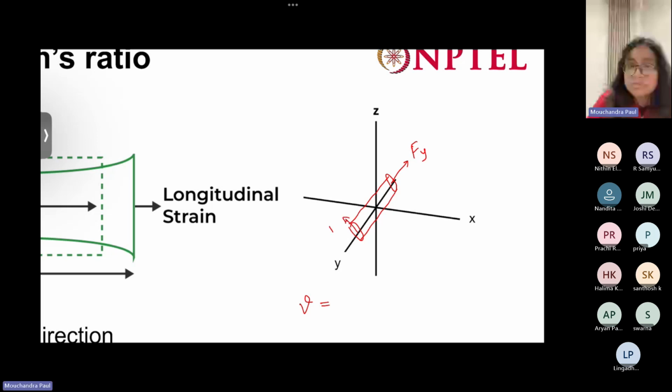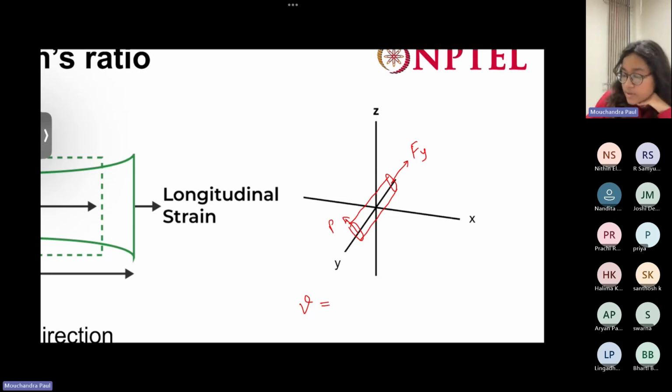It is R in the Z direction. So tell me, how would you define Poisson's ratio in this case? Anyone?